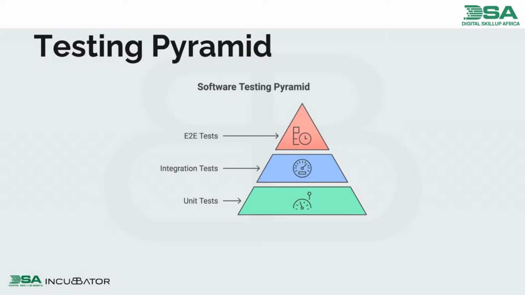Then in the middle of that, have integration tests. So integration tests could be that you are saying that your front end works with your back end and there are no issues. You can also have that automated, and then you can do end-to-end tests, just to simulate how a user would interact with your app.